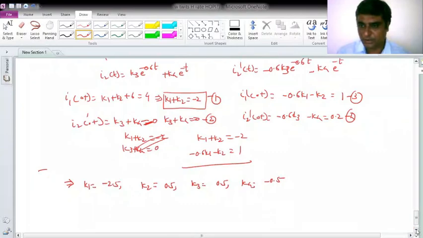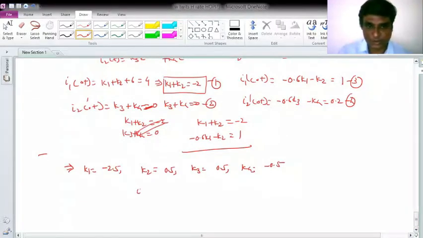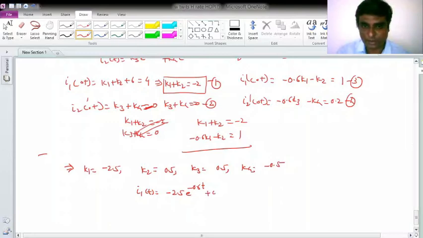So with this you will get the total solution as I1 of t is equal to minus 2.5 e raised to minus 0.6t plus 0.5 e raised to minus t plus 6, and I2 of t will be 0.5 e raised to minus 0.6t minus 0.5 e raised to minus t.